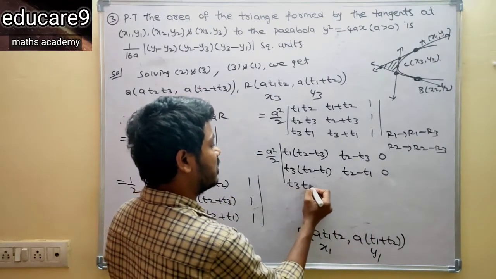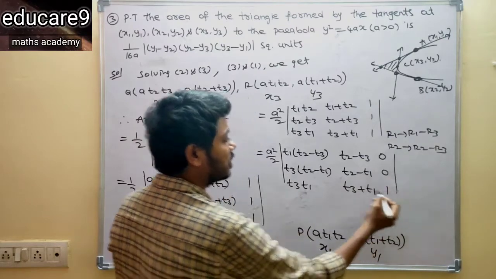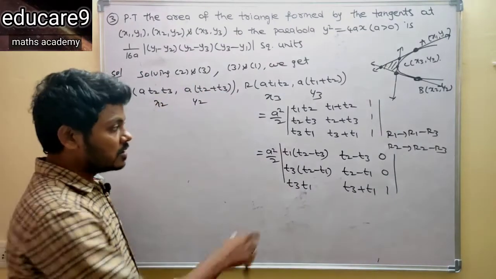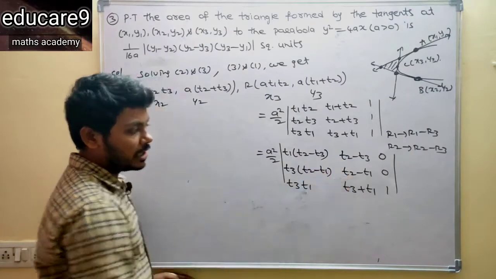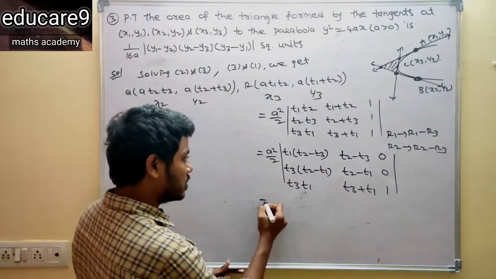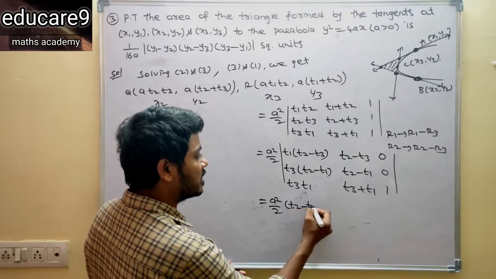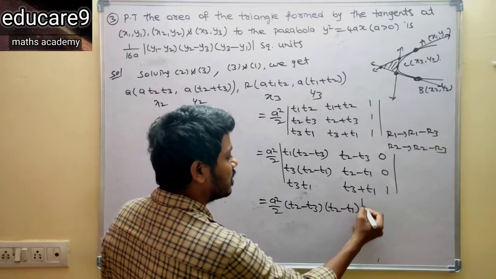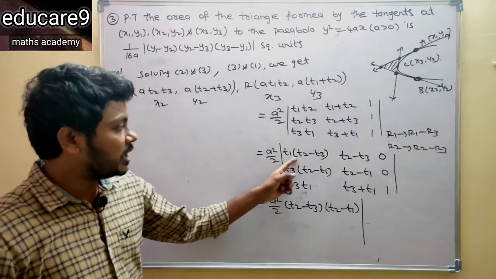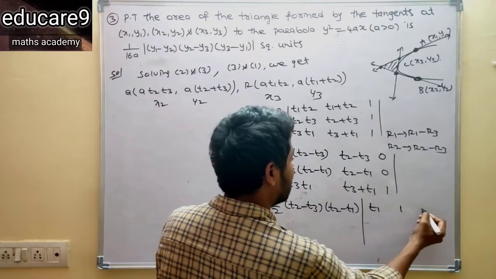So the third row is t3 t1, t3 plus t1, 1. Okay. See here, in the first row t2 minus t3 is common, in the second row t2 minus t1 is common. So this is a square by 2 into t2 minus t3 into t2 minus t1. What are the remaining values? t2 minus t3 is common. You will get t1, 1, 0.